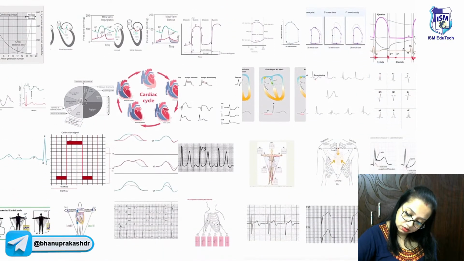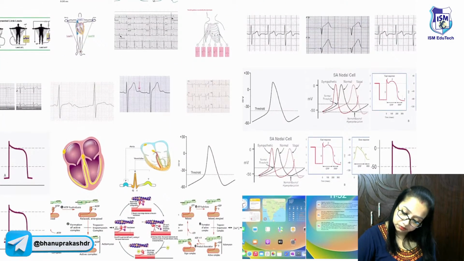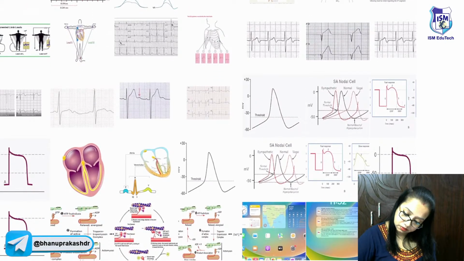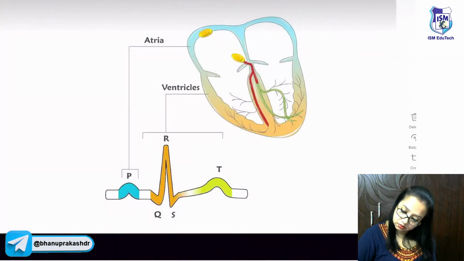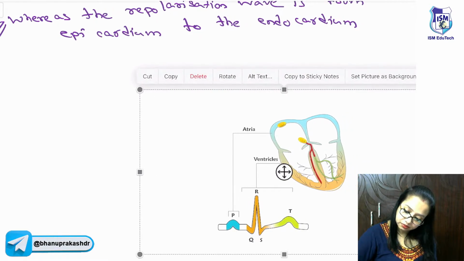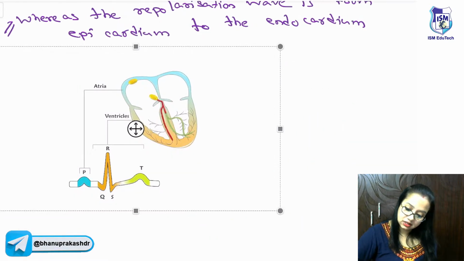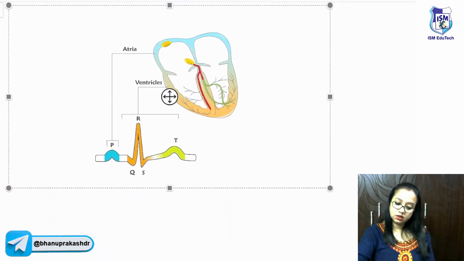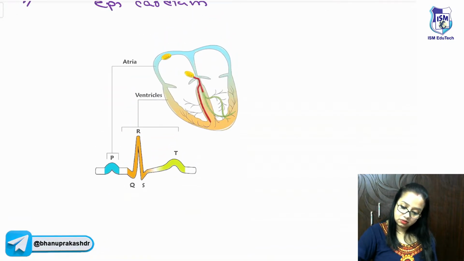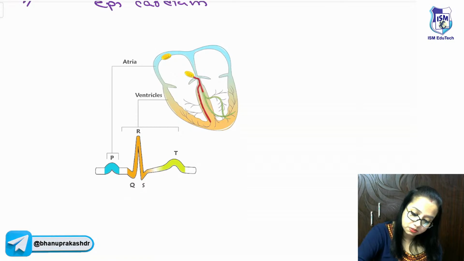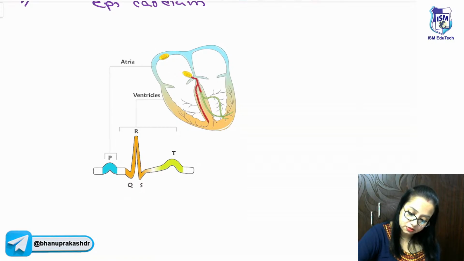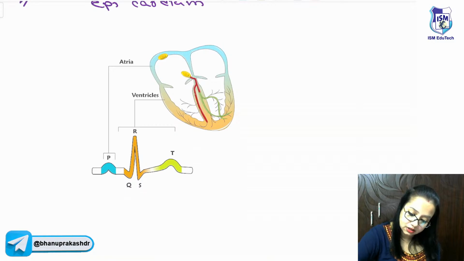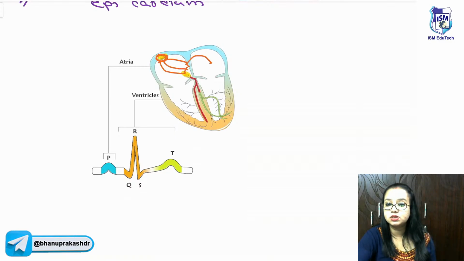Okay. In this context, we'll just see one picture. So as we can see in this picture, if you look at the picture first, the wave of depolarization has begun from the SA node. Now, from the SA node, it goes via the internodal pathway to the AV node and also to the left atrium.